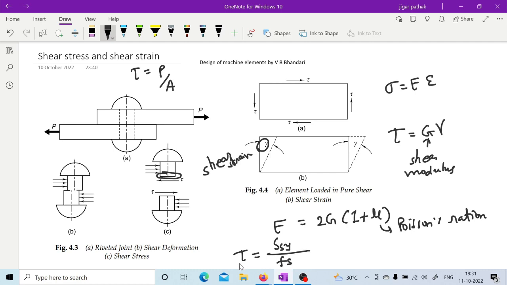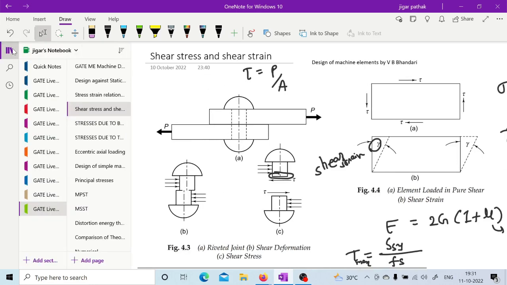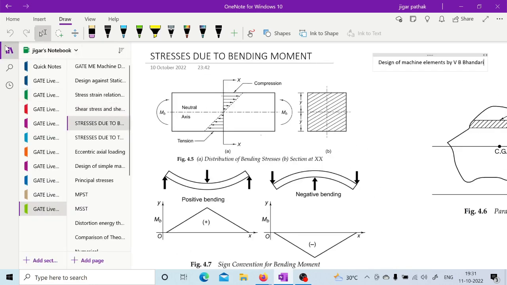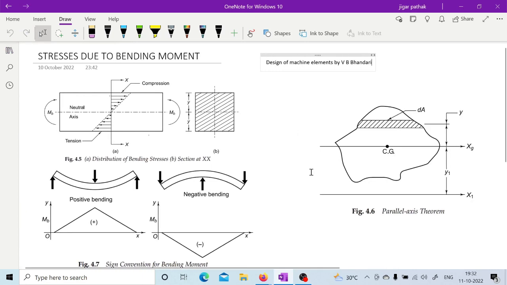So this maximum allowable stress can be calculated from the failure stress and factor of safety.